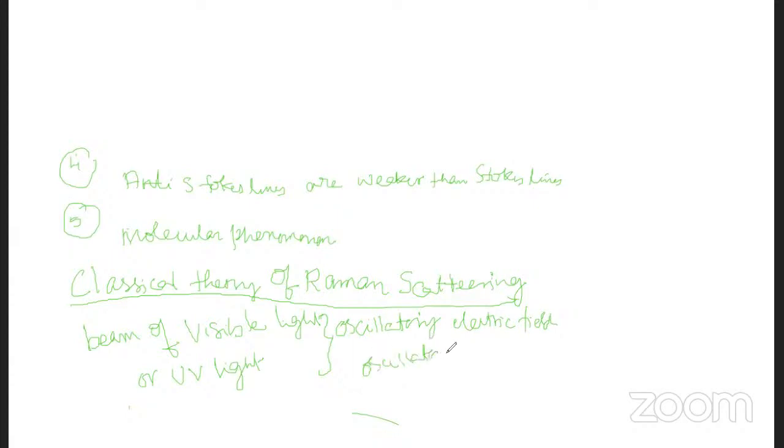So whenever a beam of visible or UV light is incident upon the molecule, the oscillatory electric field of the beam induces an oscillatory electric dipole moment in the molecule. Then the molecules are said to be polarized due to this oscillatory electric field.